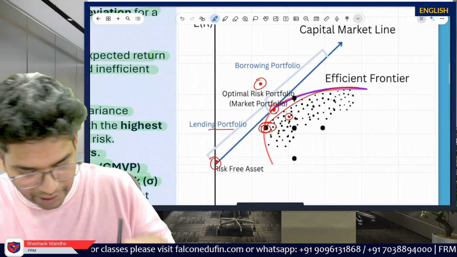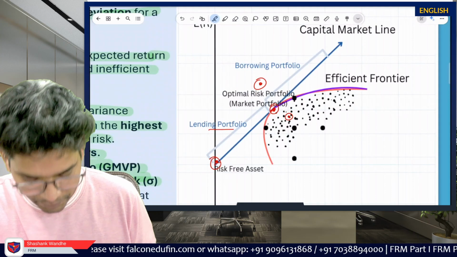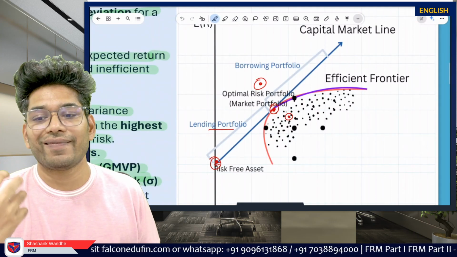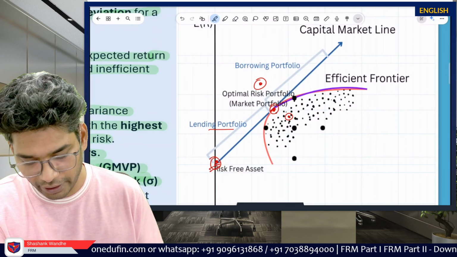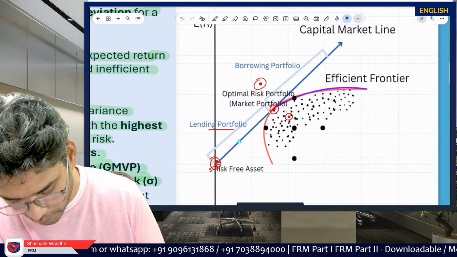Risky asset as in these three portfolios and risk-free asset as in this. If you invest 100% in the risk-free asset, then you will get this particular point. If you increase the weight of the risky asset, then you will land on this particular point.